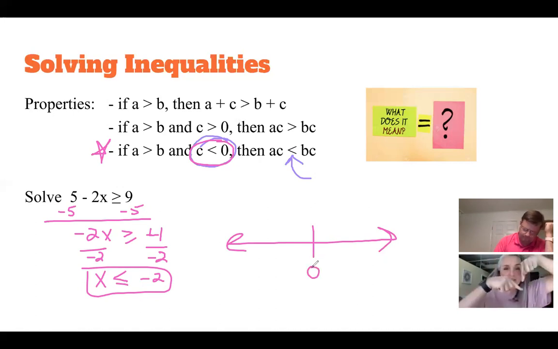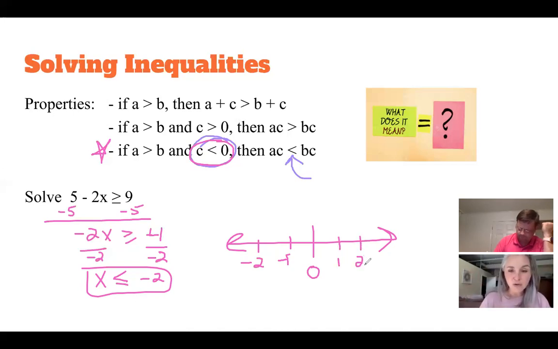So if we change that sign, we have to change what direction it's pointing. The number line is a crazy thing. You have to remember there's 2 sides to it. So that's kind of a simple explanation as to why that inequality flips when you multiply or divide by a negative. It makes sense to me, but I also have a master's in math.